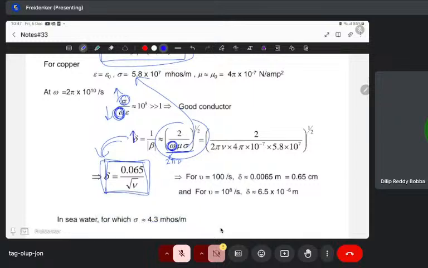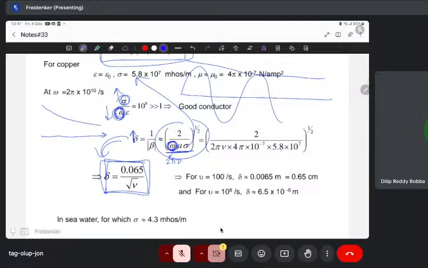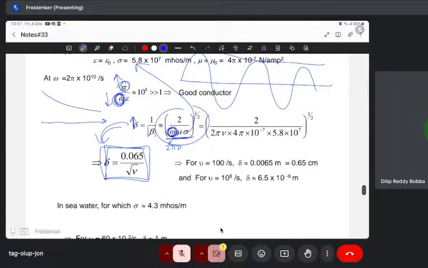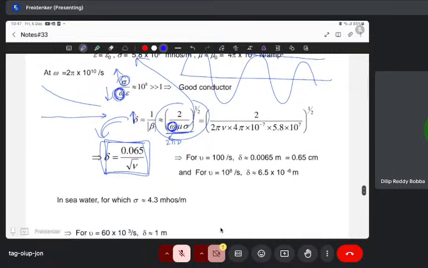That means the wave can travel more distance before it gets attenuated, before the amplitude decreases. So the reduction in amplitude will be less if skin depth is more. That is the concept. So you want to decrease your frequency.